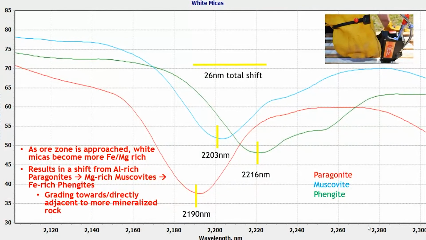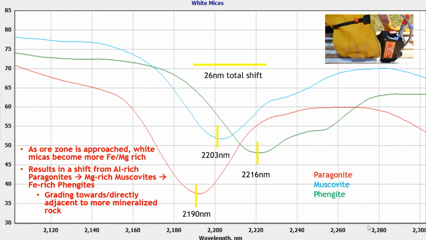All right, so here's a plot of each white mica zoomed in on that 2200 nanometer region. The red line you see is going to be paragonite, blue is muscovite, and green is phengite.